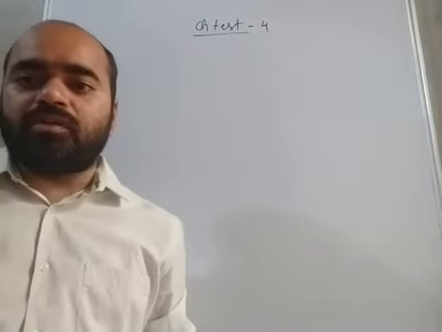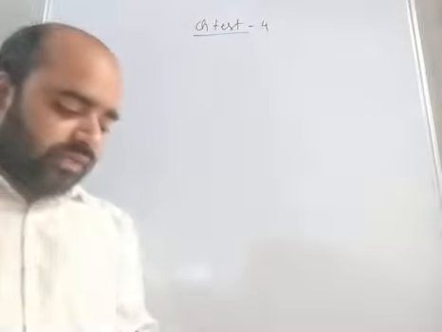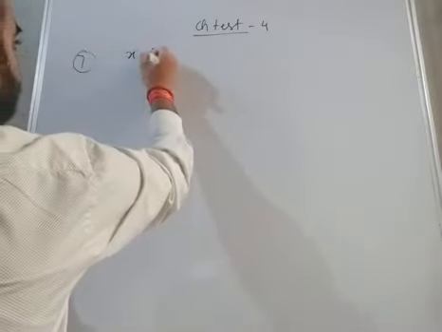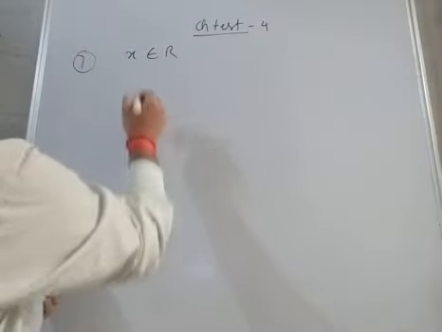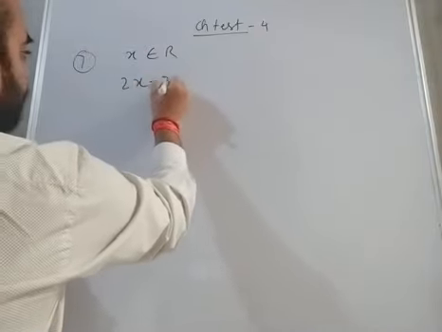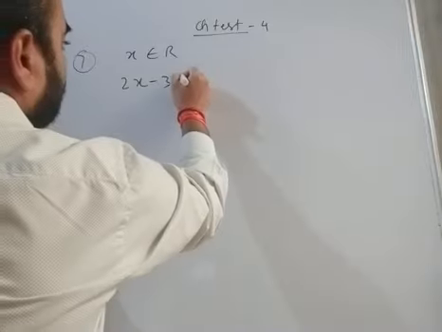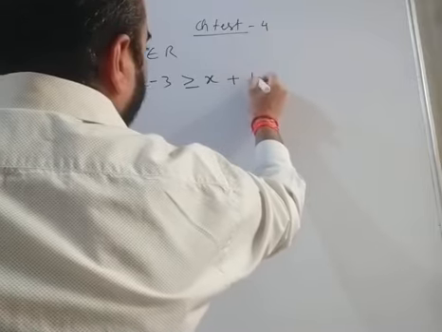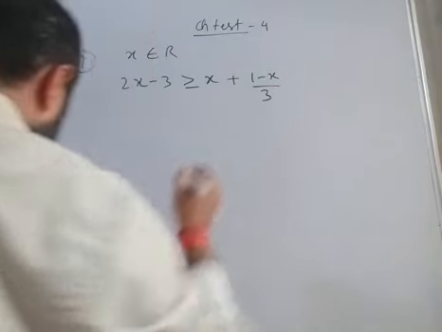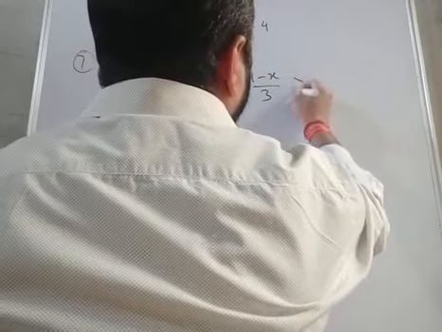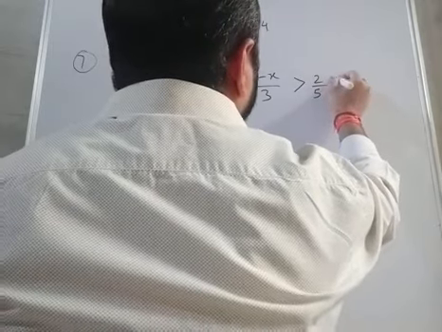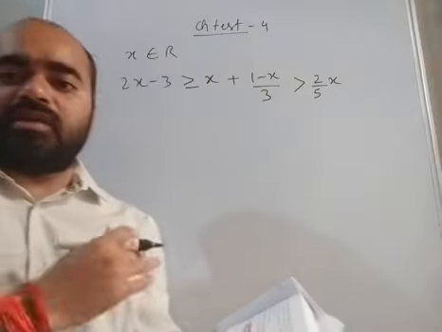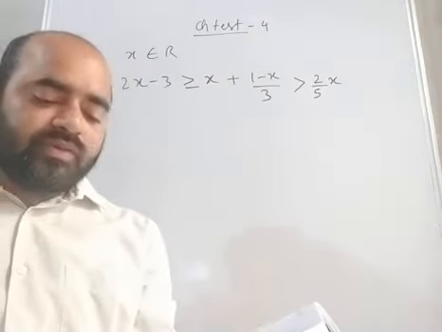The inequality is 2x minus 3, and it is already given that x belongs to real numbers. 2x minus 3 greater than or equal to x plus 1 minus x by 3 greater than 2x upon 5. This is the inequality. Clear?